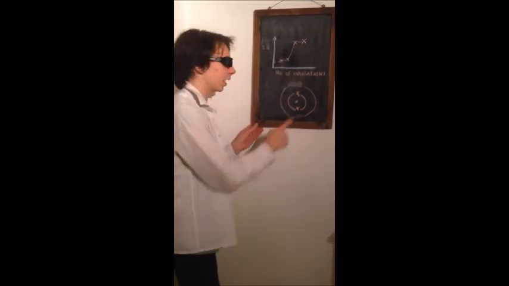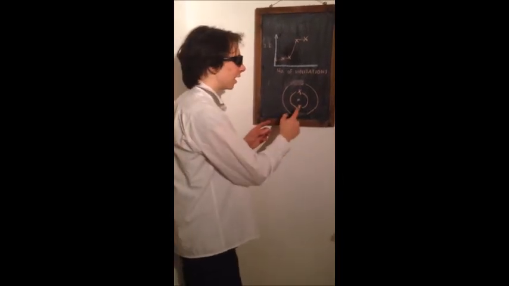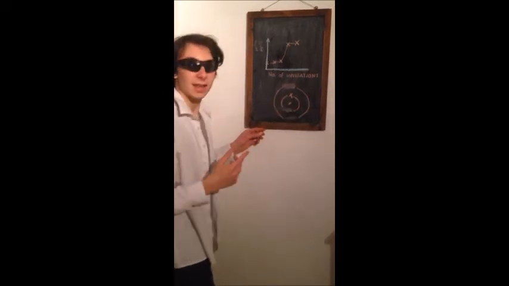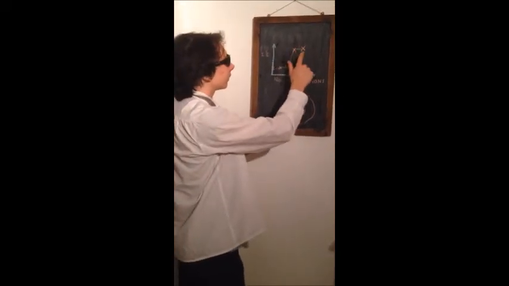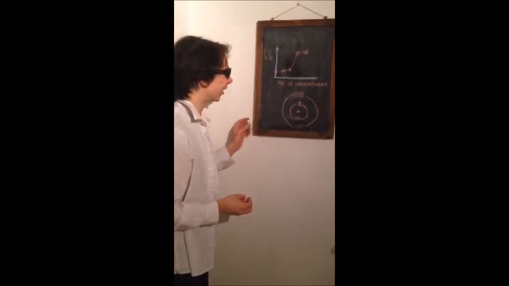But when you get to these ones, they have no electron shielding, so their attraction to the nucleus is stronger. And so because of that, they need more energy to be taken away. And that is why we see this here, this increase in the ionization energy.